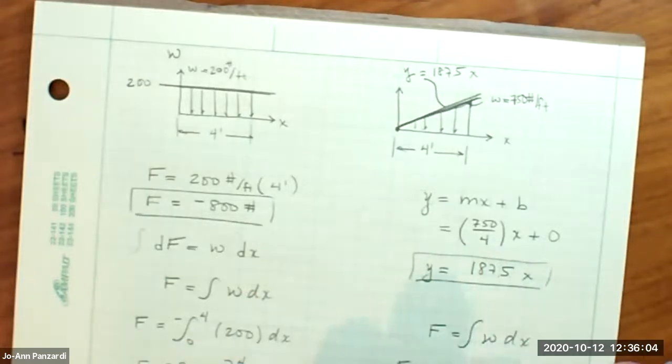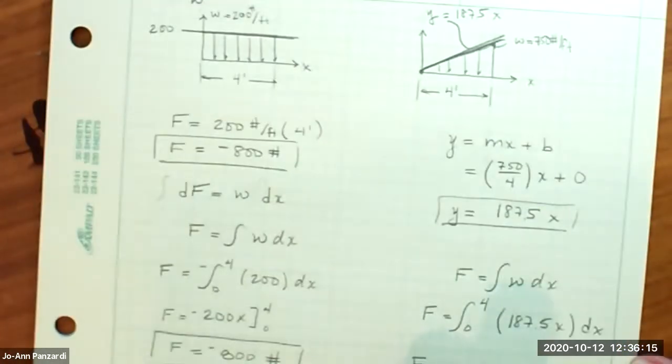So the force turns out to be the integral from 0 to 4 of 187.5x dx. So F is 187.5 x squared over 2, going from 0 to 4.